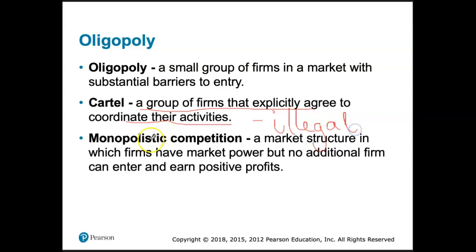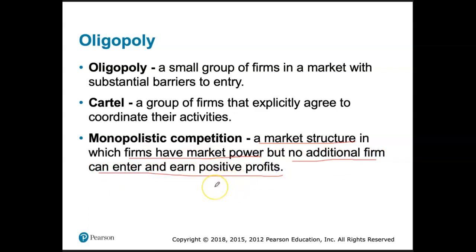And then finally, we have a monopolistically competitive firm, right? Monopolistic competition is basically any market structure in which firms have market power, but no additional firm can enter the market and just earn positive profit. So there's a barrier to entry. Firms have market power.